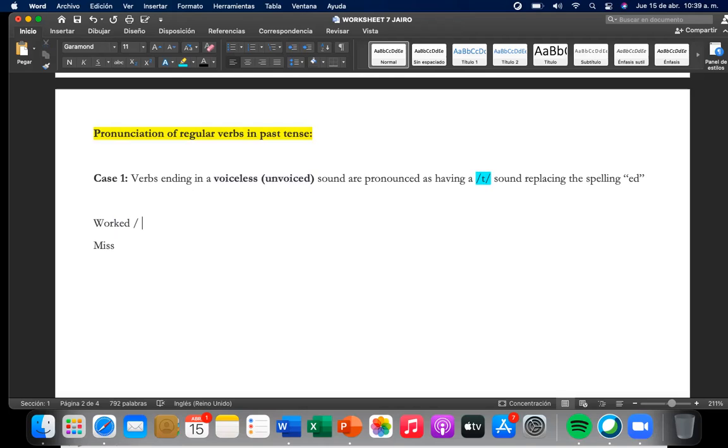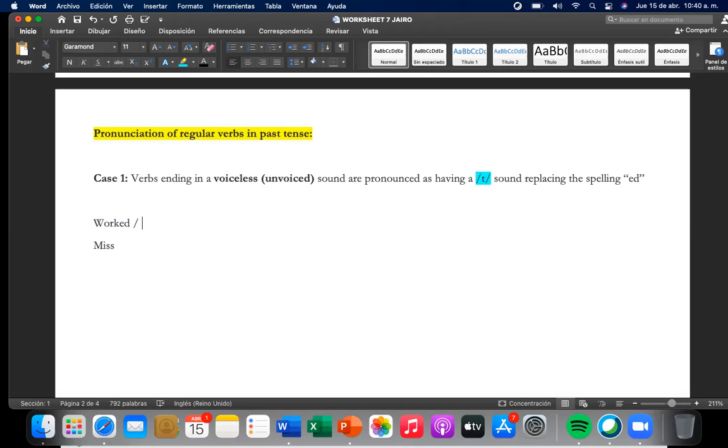Entonces, ¿qué nos dice el case number 1? Que cuando hay un verbo terminando en forma infinitiva, o sea, la base del verbo antes de conjugarlo, que termina en un sonido que es voiceless, la pronunciación de ese pasado, o sea, de este ed, es con el sonido t. Y se acuerdan que les dije que este era el sonido más importante junto con el otro que viene a continuación. ¿Se acuerdan o no, chicos? Yes? Okay, very good.